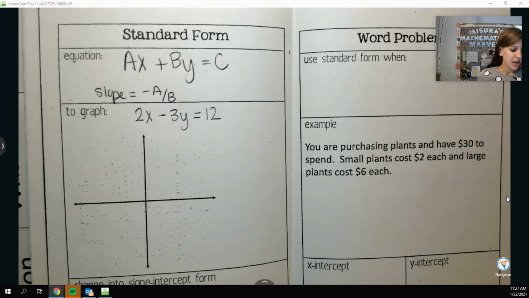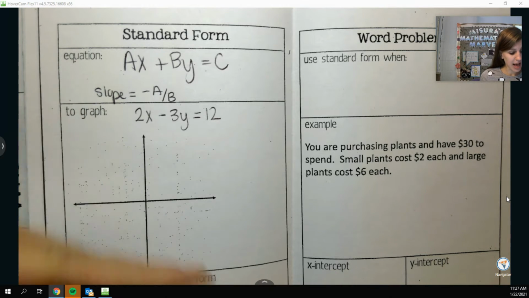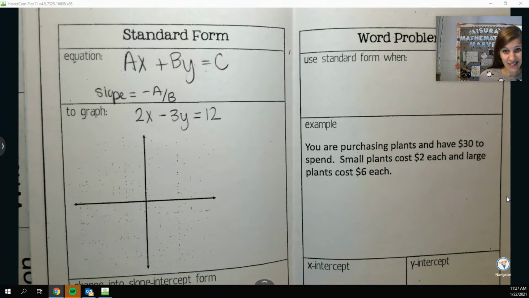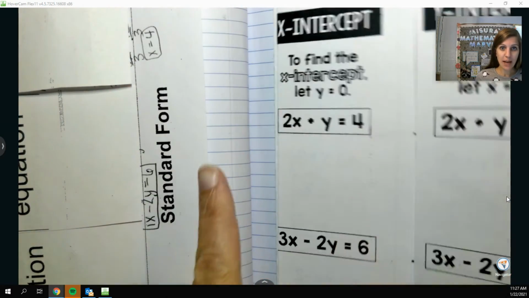And so if I want to graph, normally what we were doing before is we had to plot a point and then do the slope. The thing is, I can get the slope here kind of easily, but I don't have a point to start from.